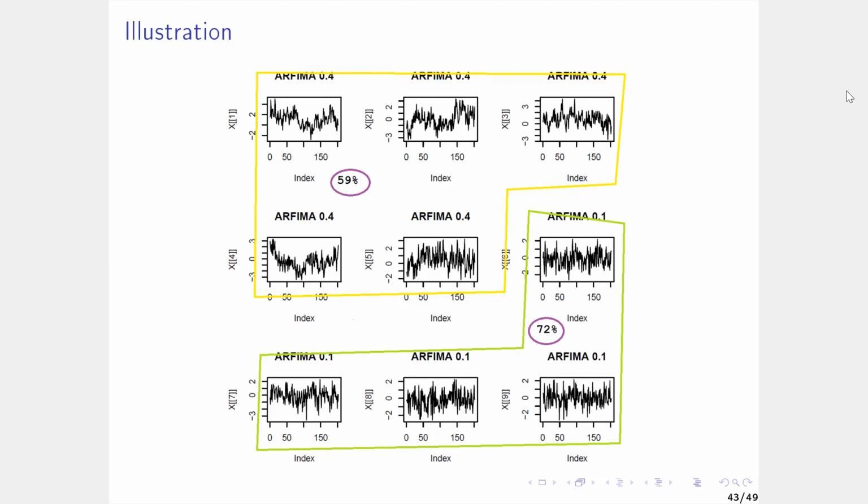Maybe this one is equal. Okay, again 1 group. Maybe this one: no. So a second group. This is wrong, but he said no. Then he continues with this one: equal to the others? No, so this is alone. Then you continue here. This is equal. You finish when you have tested all. You have an order. This one is closest. You start with the minimum statistic, and then you continue. So when you have compared these 2, if you say equal, they are in a group.